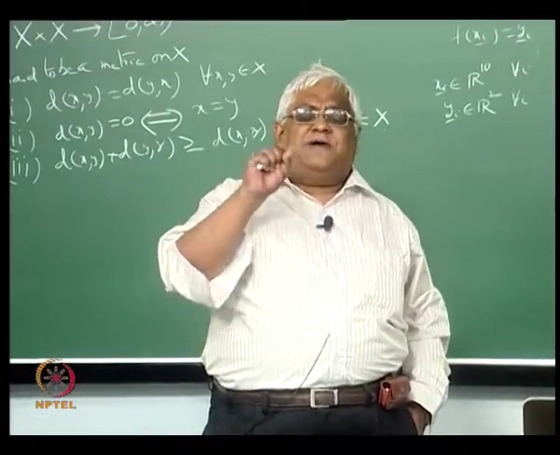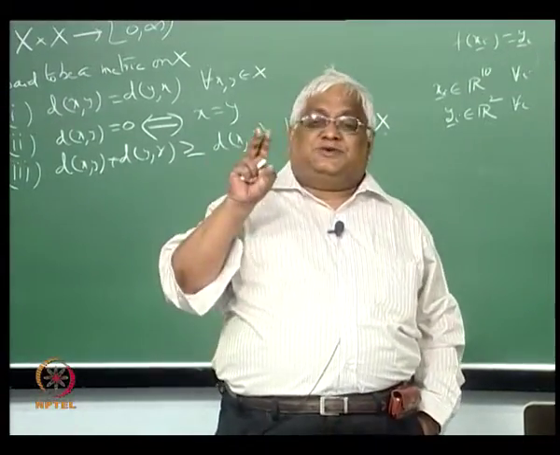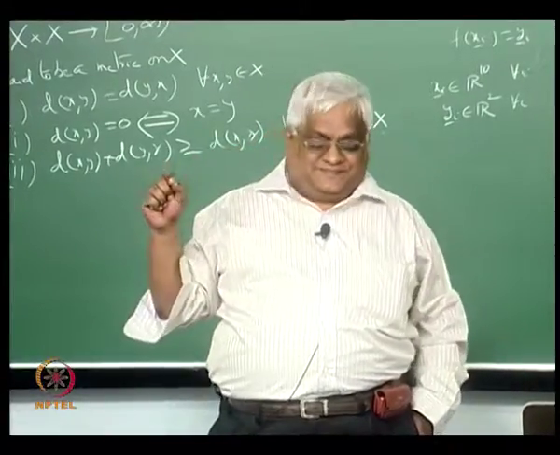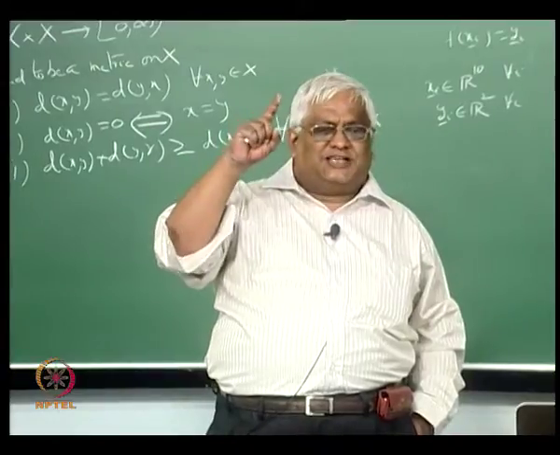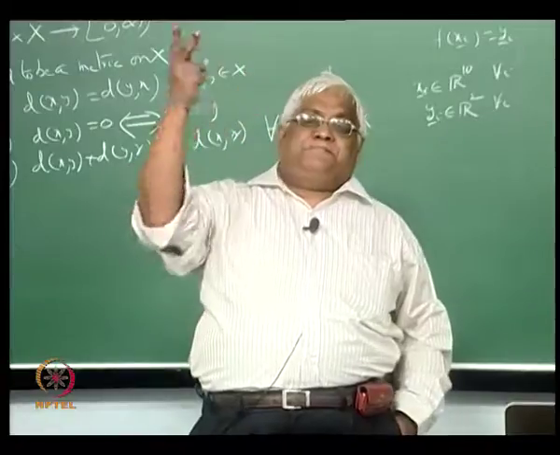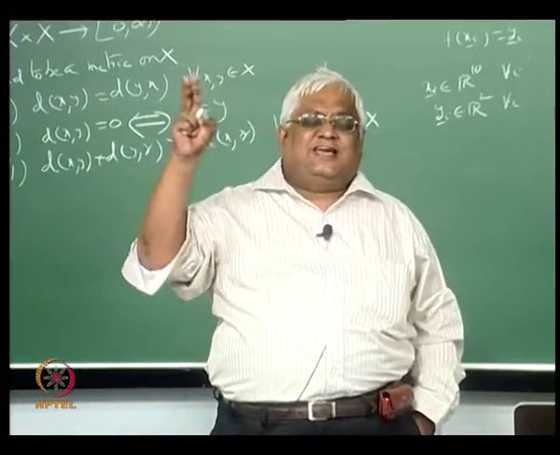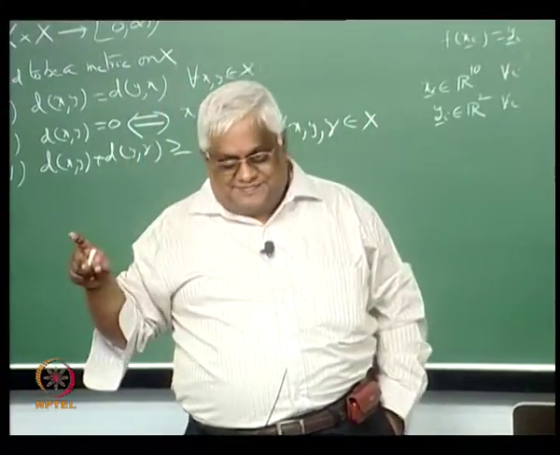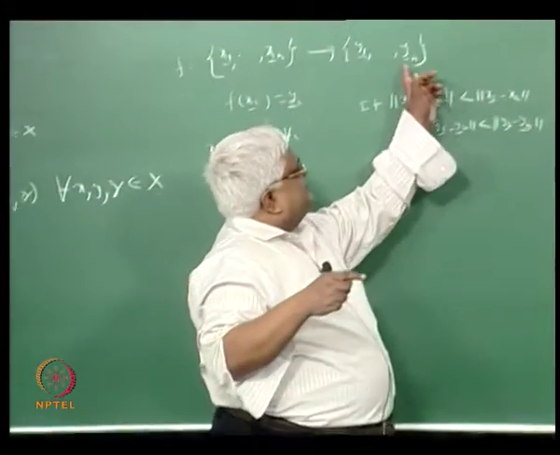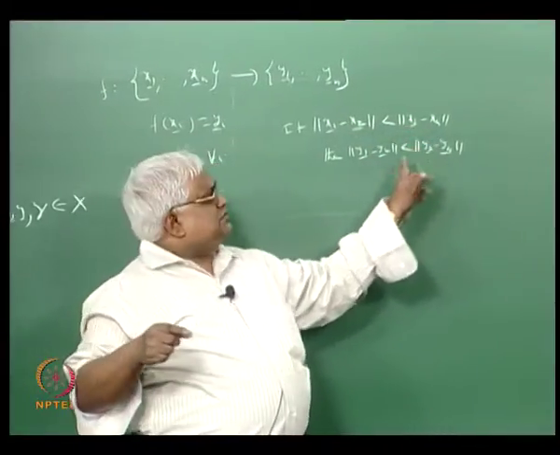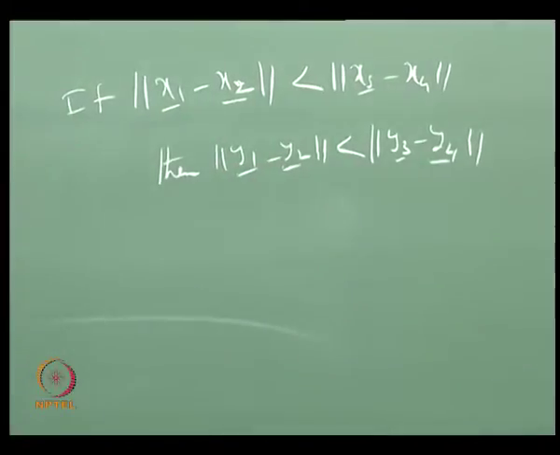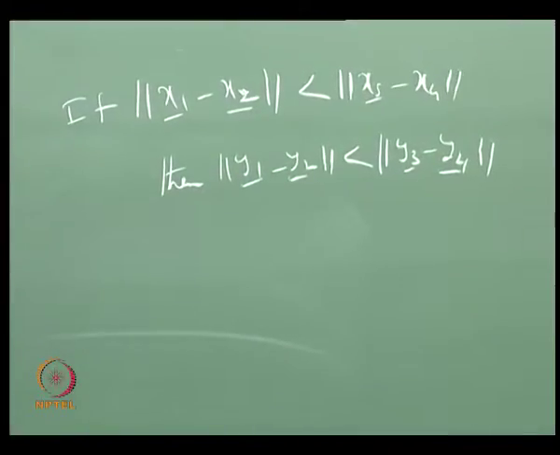If you want to compare one distance with another distance, that is NC2 C2, n into n minus 1 by 2 C2. So, those many inequalities or equalities you have, and correspondingly the same equalities or inequalities should be satisfied among the y i's also. That is what you want.